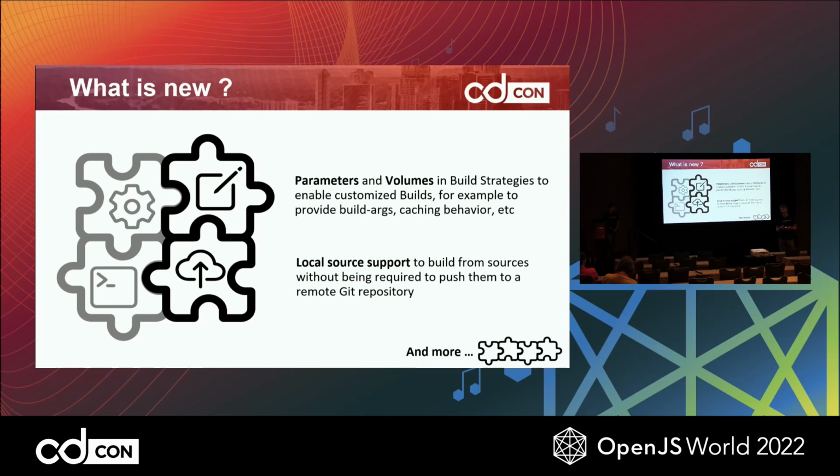And for that, we now introduced volume support. Build strategy authors can define certain volumes, and they can define them as overridable, and then the build user can plug in a persistent volume to make use of it, and then potentially, depending on the strategy, the builds get faster.